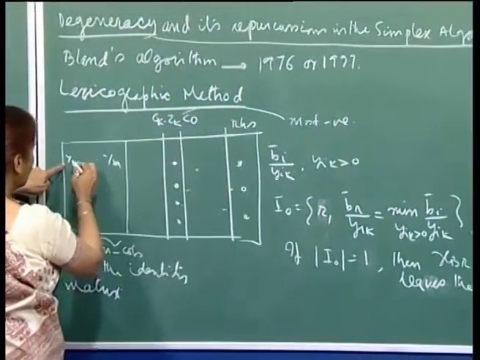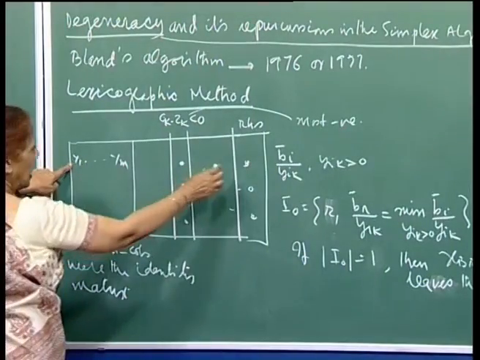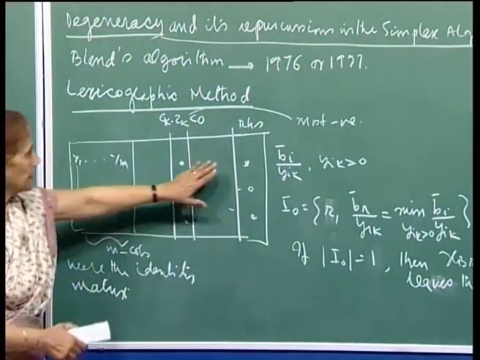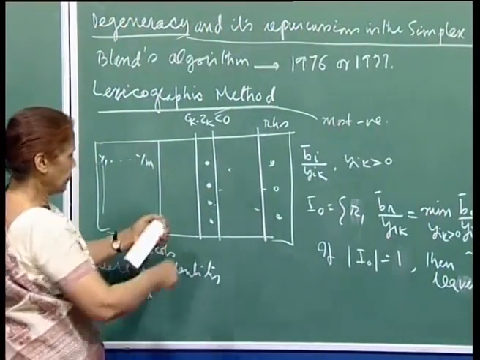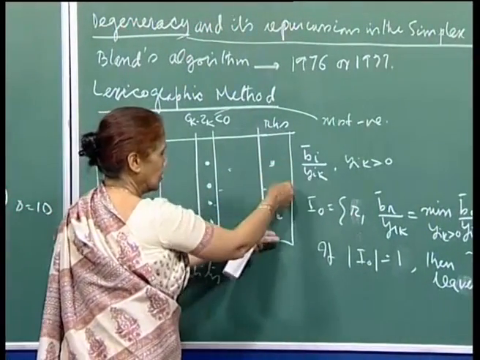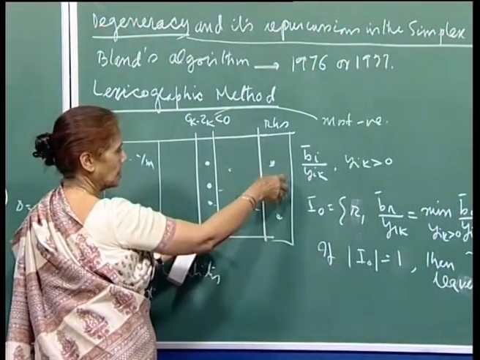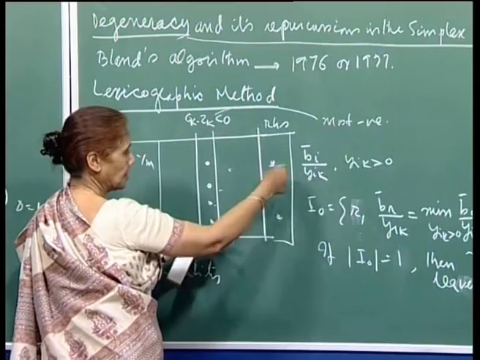you take the corresponding element here and divide by this. So then you take the ratios for this column from here, right. That means, sorry, first you took the ratios for the yik positive, you took the numbers here and took the corresponding ratios, there were ties.